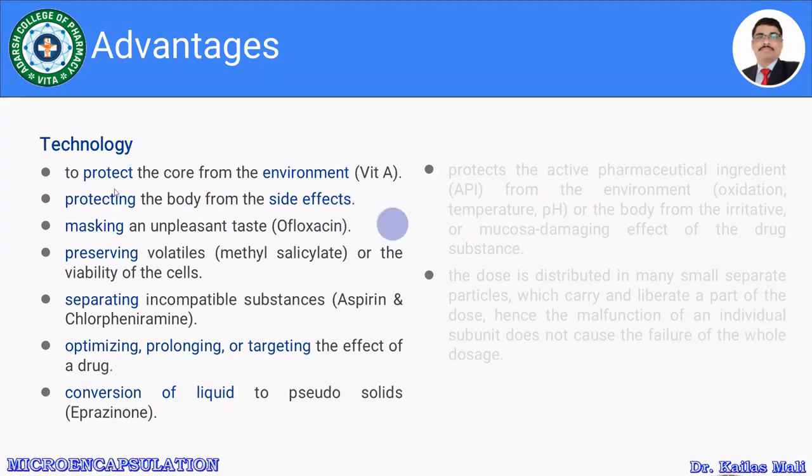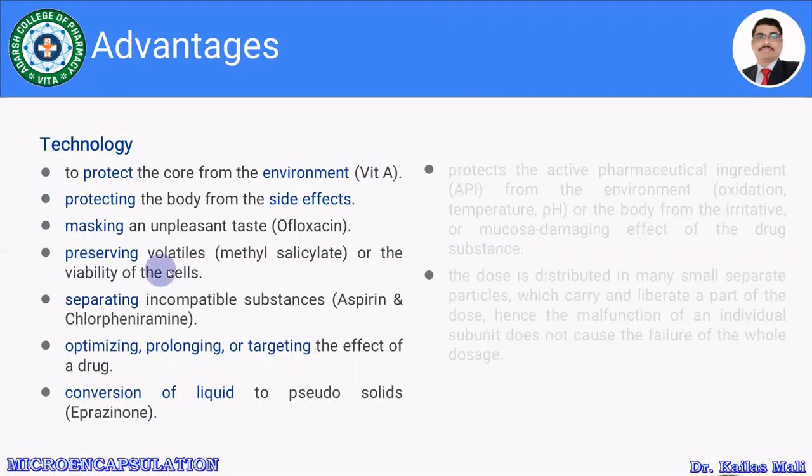And it is also possible to mask an unpleasant taste of the drug, for example, ofloxacin. So in all, it protects the active pharmaceutical ingredient from environmental oxidation or change in temperature, change in pH, or the body from the irritative or mucosal damaging effect of the drug substance.